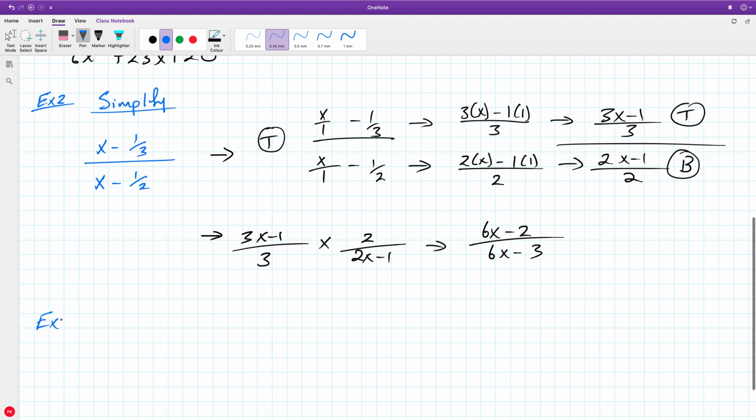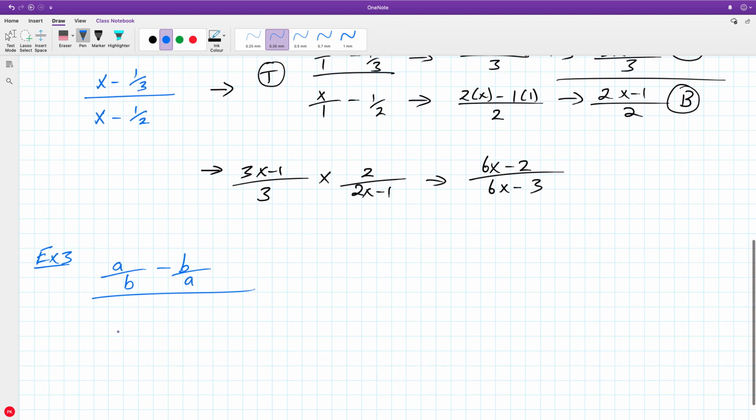Have a go at this with me. Anyone know what b to the power minus 1, a to the power minus 1 actually is? 1 over b and 1 over a.